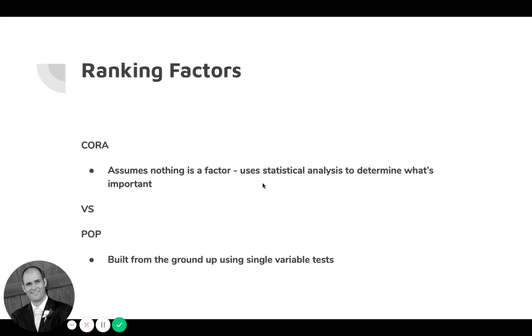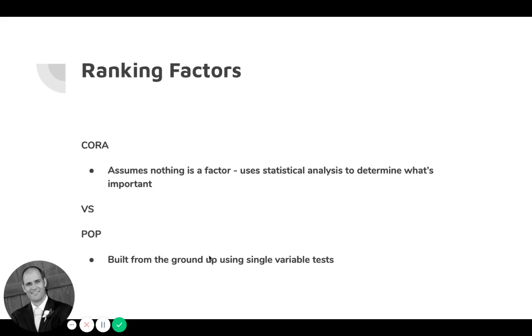So every single keyword, once you run it through CORA, will come back with a different set of factors that CORA thinks are important, based on statistical analysis, because the analysis gets back how strong that factor is statistically. All the factors within CORA that you go after are ordered by the strength of their correlation.